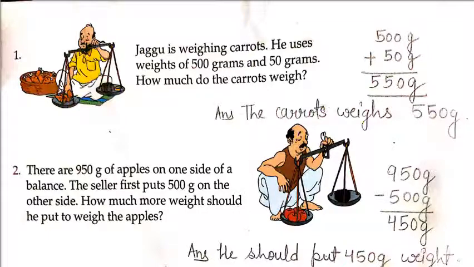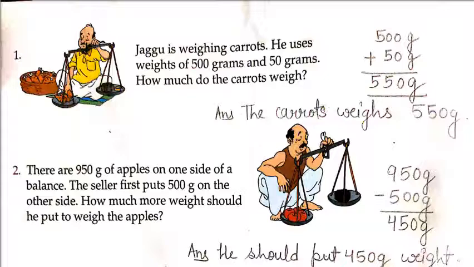So children, the weight of carrots is equal to the sum of both the weights. So here we add both the weights, that is 500 grams and 50 grams. So we write 500 grams plus 50 grams. Okay, so we start adding from right side. 0 plus 0 is 0, so we write 0 here.